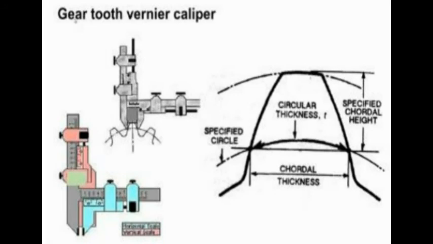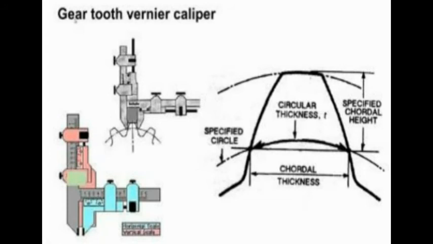One very commonly measured parameter in the case of gear is gear tooth thickness, and it can be measured by various methods: by using the gear tooth vernier caliper, by the constant chord method, by the base tangent method, and by measuring the dimensions over the pins. So these are some of the methods available for measurement of gear tooth.